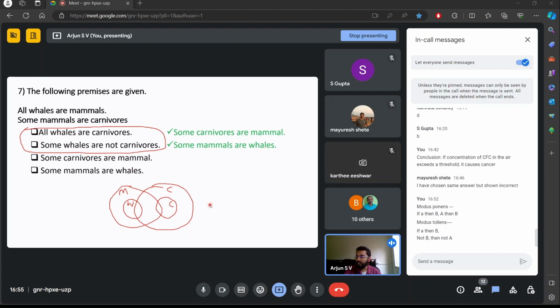You can arrive at this by a simple Venn diagram representation. Some mammals are whales cannot be a valid conclusion from the premise all whales are mammals, and some carnivores are mammals cannot be arrived at either, because it doesn't follow modus ponens and modus tollens.